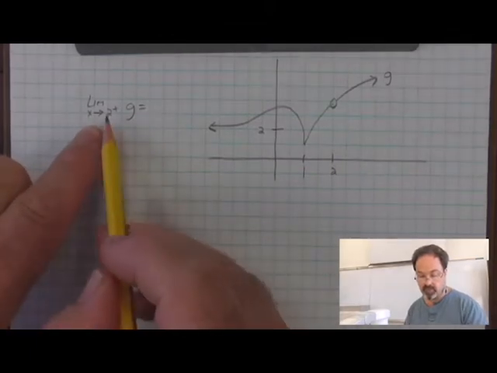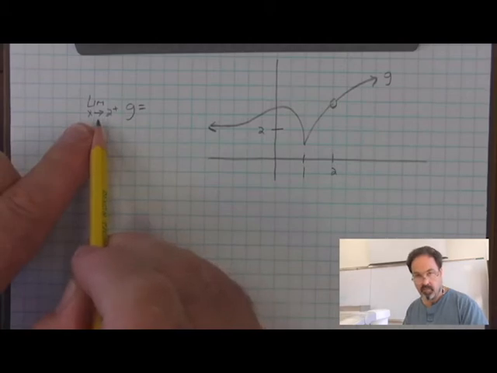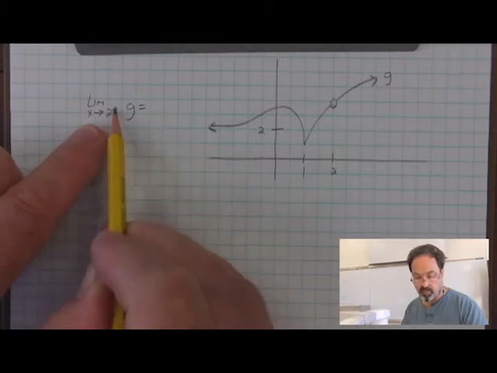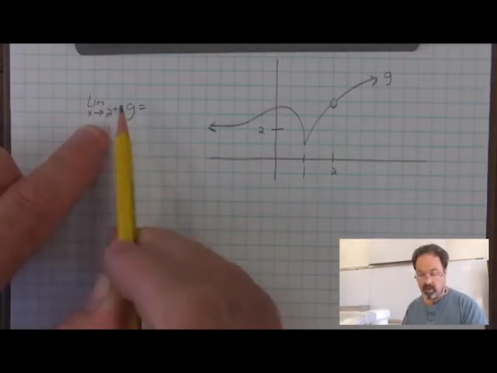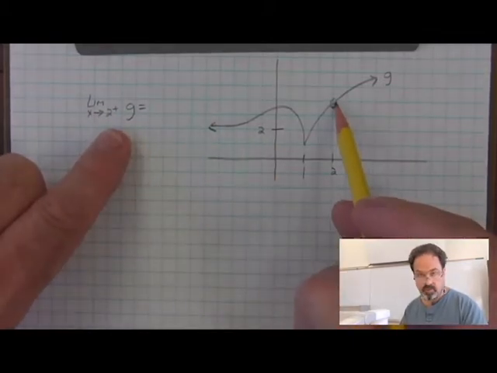Notice that the notation lim is short for limit, and below it we have our approach statement. The horizontal variable is approaching 2 with a plus superscripted to mean from the right. And then we refer to the curve, we're talking about the function g.